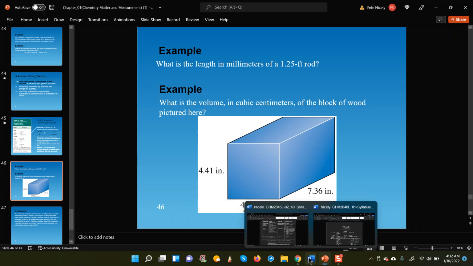All right, so let me go back to my blank PowerPoint here. So basically, again, this is a simple calculation. The volume, let me go back to full screen here. Go to my pen function. Okay, so the volume will be equal to the length times the width times the height.